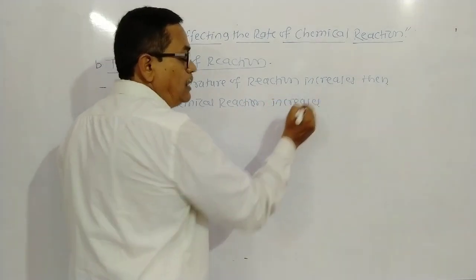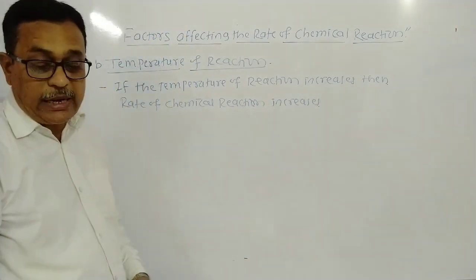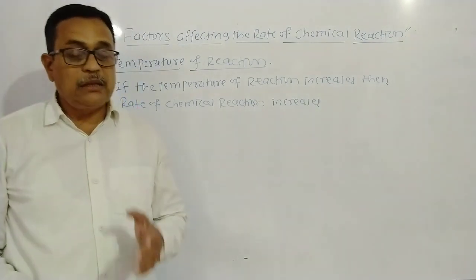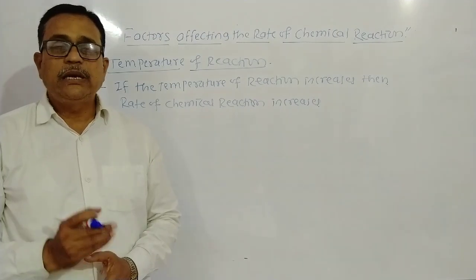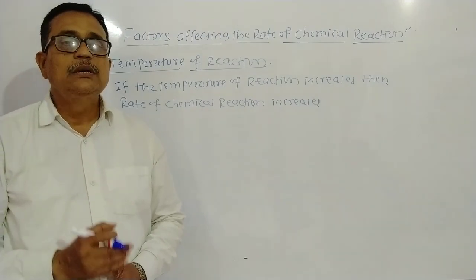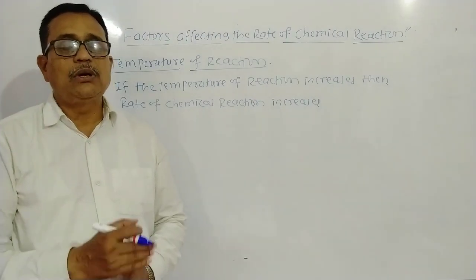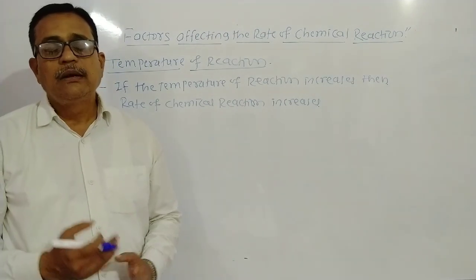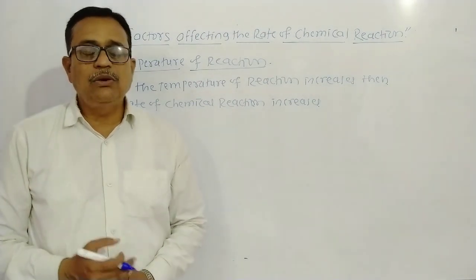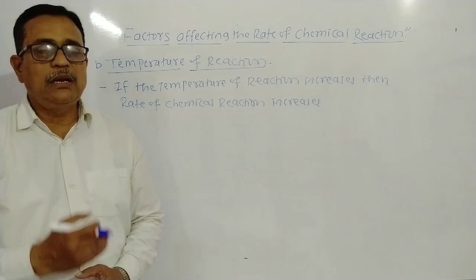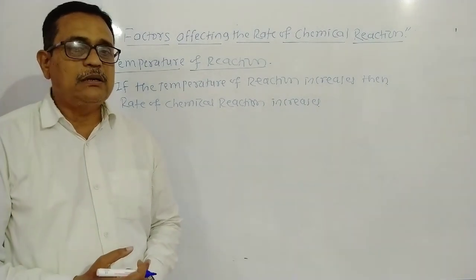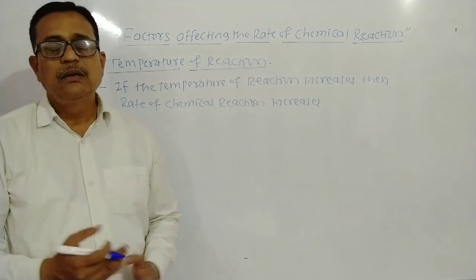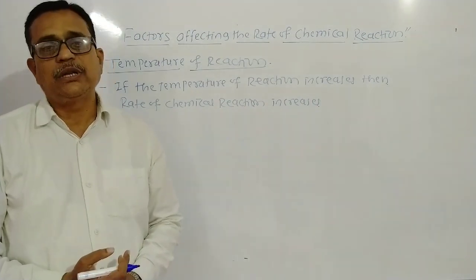If you give heat to any particular reaction, if we provide heat energy in a reaction, then due to that heat energy the speed of reaction or rate of reaction is greater. Definitely, dear student, look here, the temperature can affect the rate of chemical reaction. If the temperature of reactants in a reaction is greater, then the speed of reaction is greater.